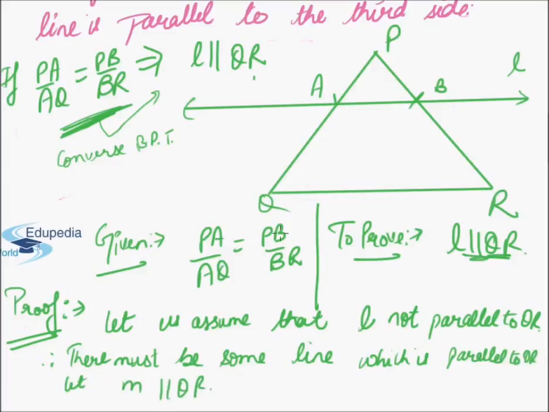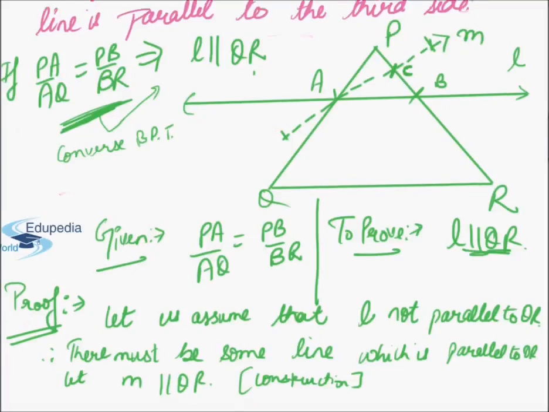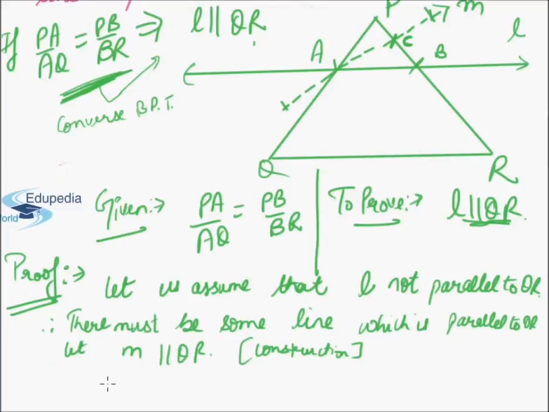Let us construct another line M such that M is parallel to QR, and it intersects PR at point C. Now, since M is parallel to QR, therefore BPT can be applied.